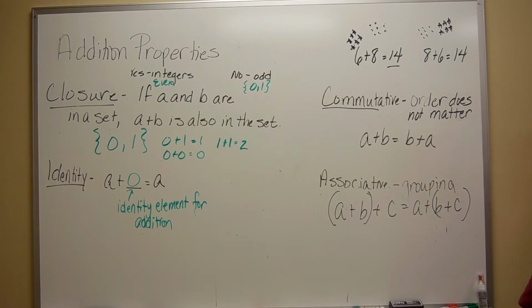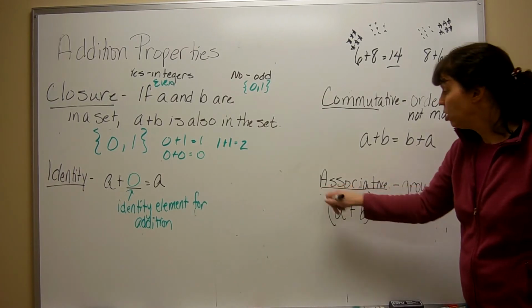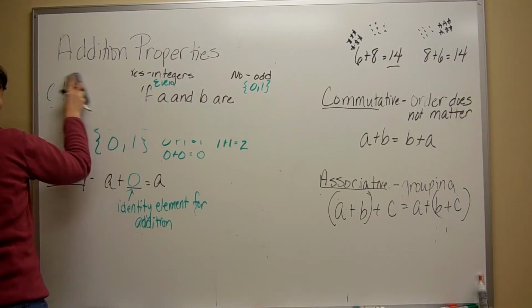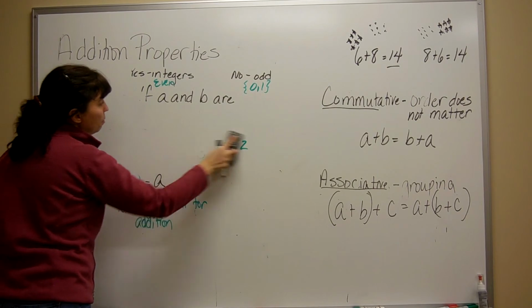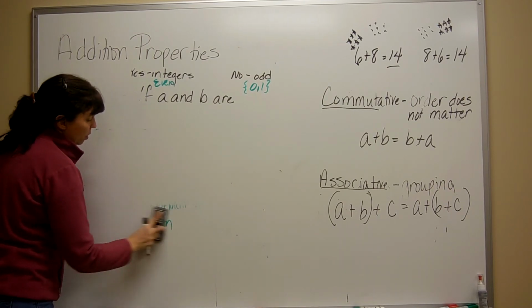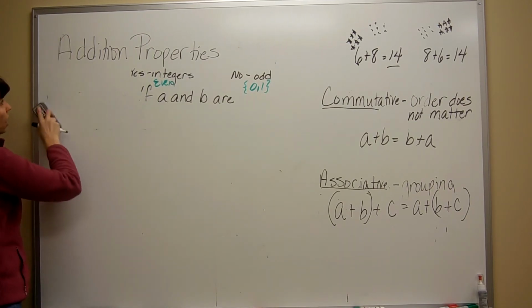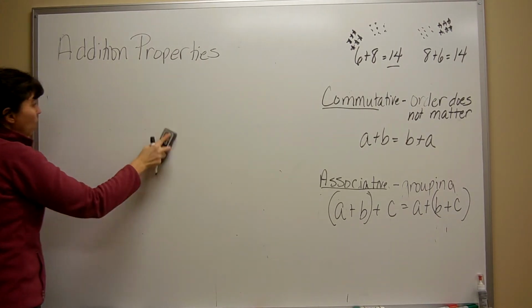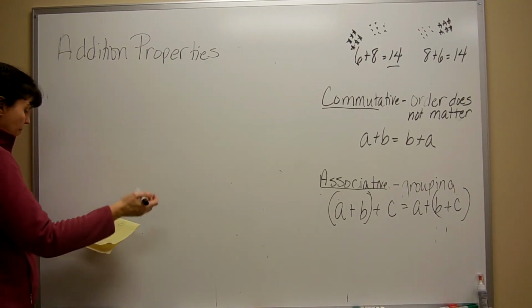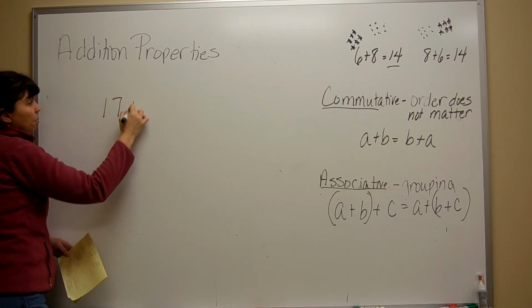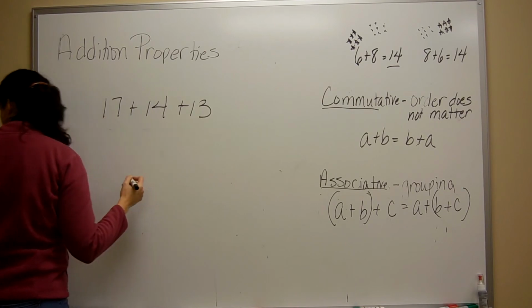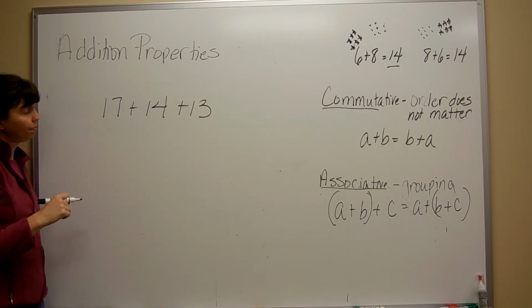Now, where is that an advantage? Lots of places, but one of them has to do with when we're trying to maybe do some mental math, or we're trying to find ways to do some calculations a little bit faster. So let's say you had 17 plus 14 plus 13, and I was supposed to add all those together without a calculator.